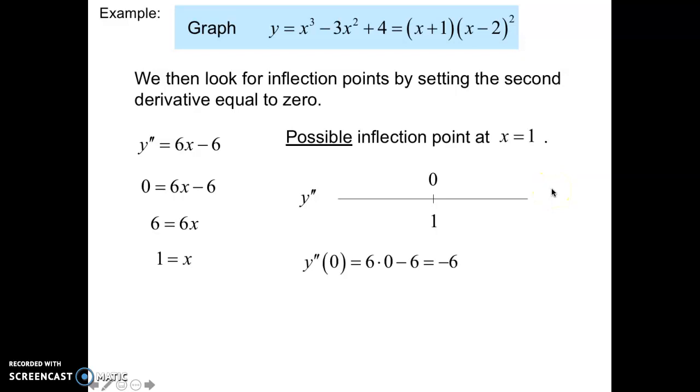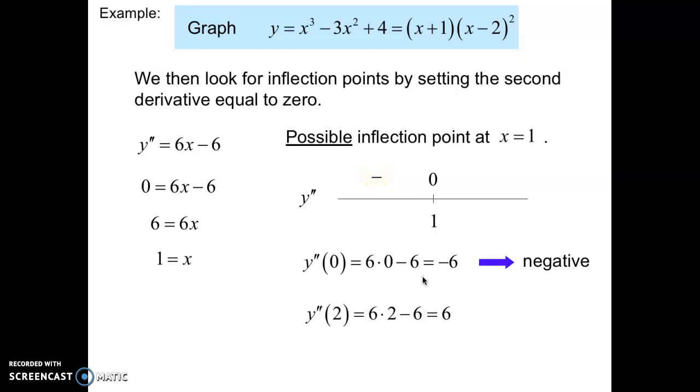And we test each region in the second derivative for possible points of inflection. So I pick a point over here, say at x equals 0. I put it into the second derivative and I get a negative value, which means that the original curve is concave down on that region.